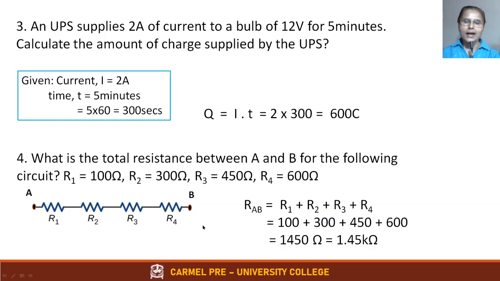You should add them. That's all. If you said that, very good. See, RAB is equal to R1 plus R2 plus R3 plus R4. Add them all, then you will get 1450 ohms. Or if you have to express it in kilo ohms, all you have to do is divide by 1000 and write it as kilo ohms. Divide by 1000 becomes 1.45 kilo ohms.